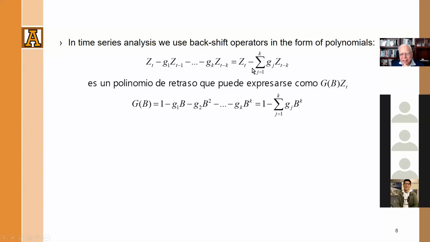I can express this as Z_t minus a sum from j equal 1 to k of G_j Z_{t-j}. And I can express this shortly with a polynomial that I'm calling G(B), where I take 1 minus G1 B minus G2 B squared and so on, and apply that to Z_t. I get exactly the same thing. So we'll be dealing with this type of polynomials.